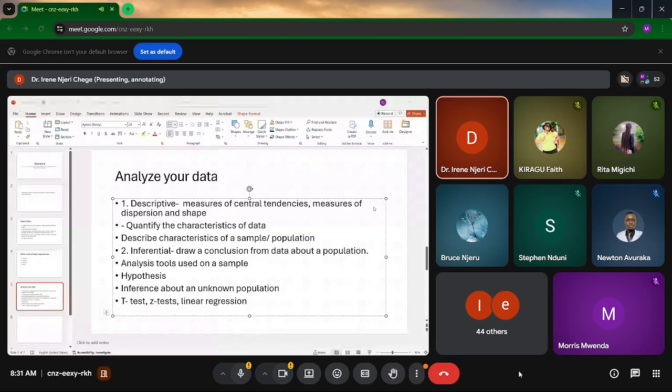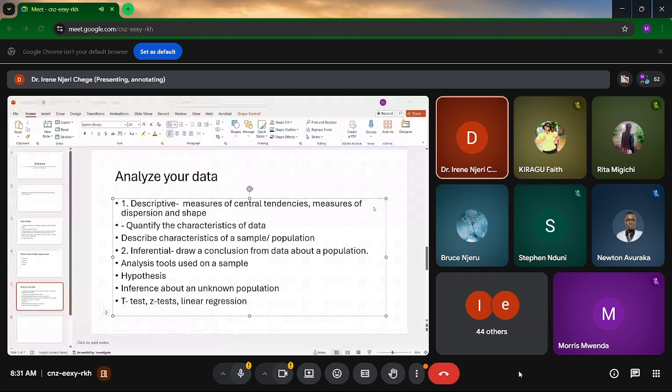But inferential statistics uses other things like inferential tests, like t-tests. Descriptive statistics describes the sample. The mean of the sample is 5, the median was 2.